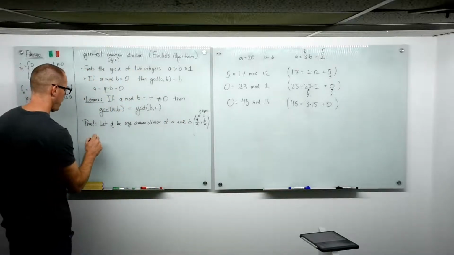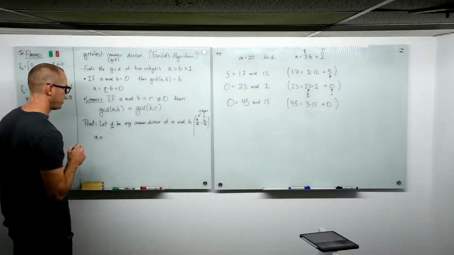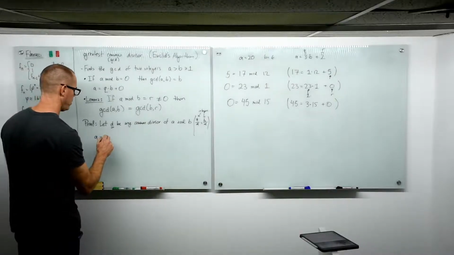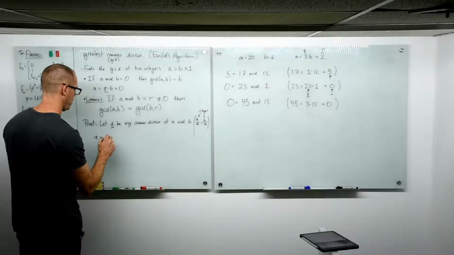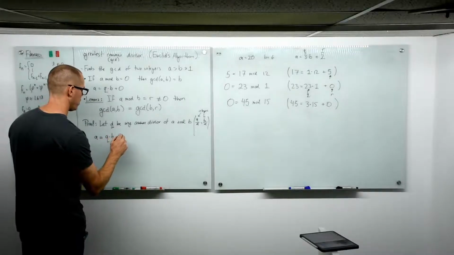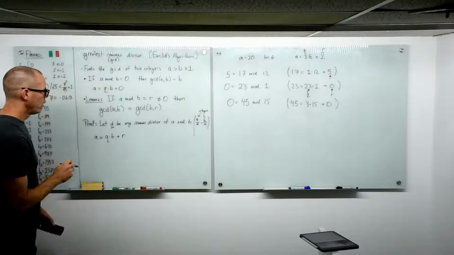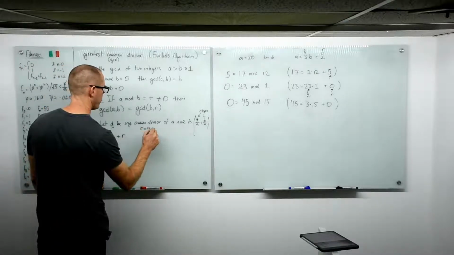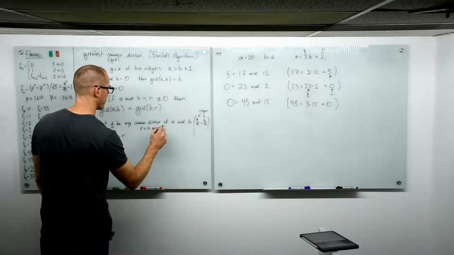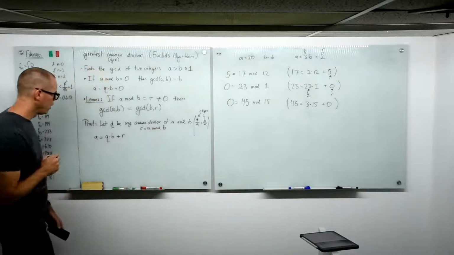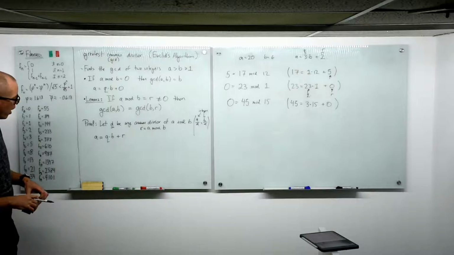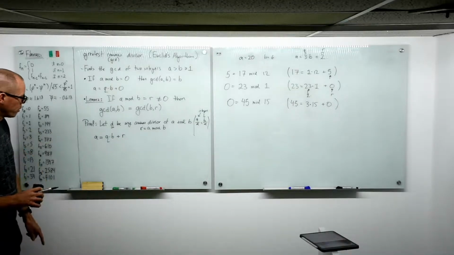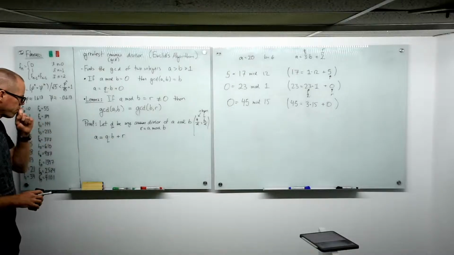Now A, by definition, is equal to Q times B plus R. And this is where R is equal to A mod B. That's the definition of mod, and R here is in the range 0 through B minus 1. So A is equal to this.